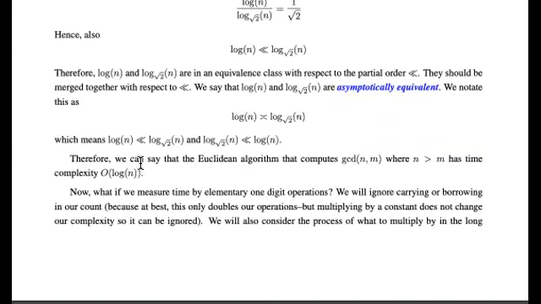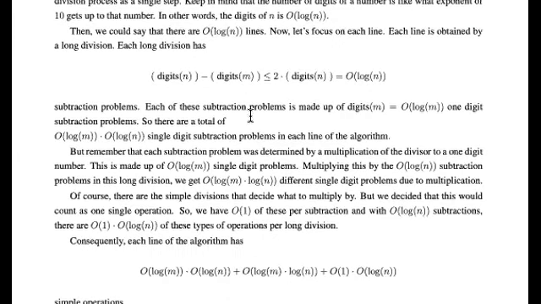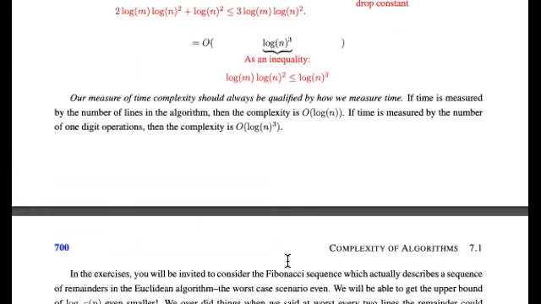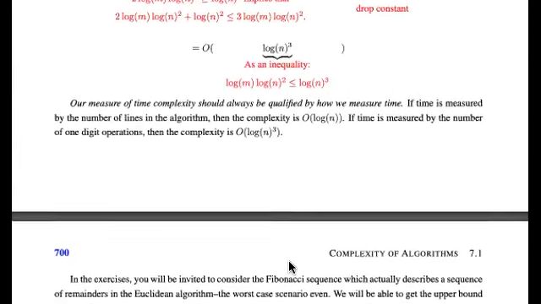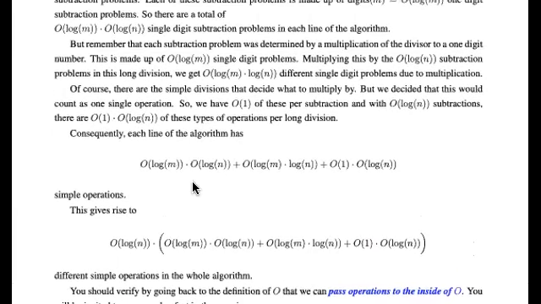Now, that's if we're thinking about number of lines, but if we're thinking about elementary one-digit operations, here's a little description based upon what we had going on before. Notice this is somewhat interesting in this computation. You can look at the details that I write out, but essentially it looks like we're throwing O's around quite a bit in the addition process, from here to here, adding and pulling them out, and distributing and throwing them in, just kind of loosely with asymptotic sizes.